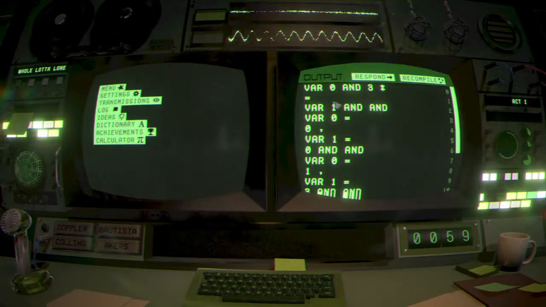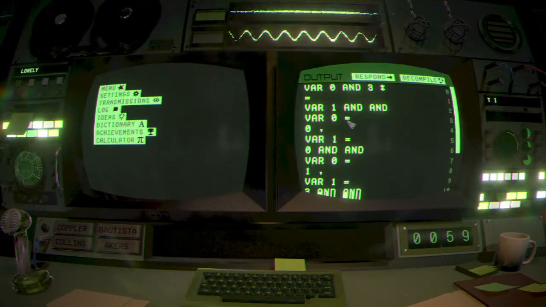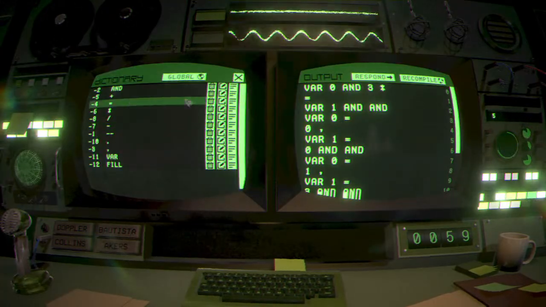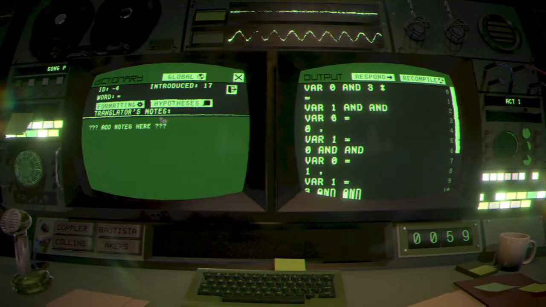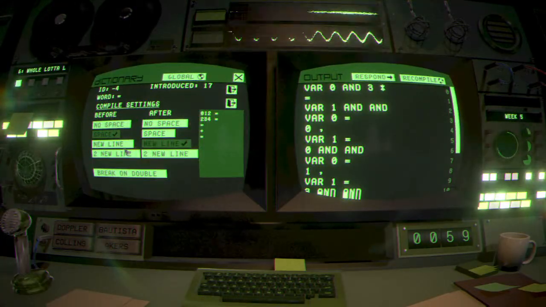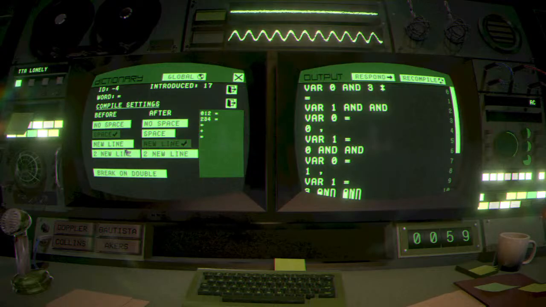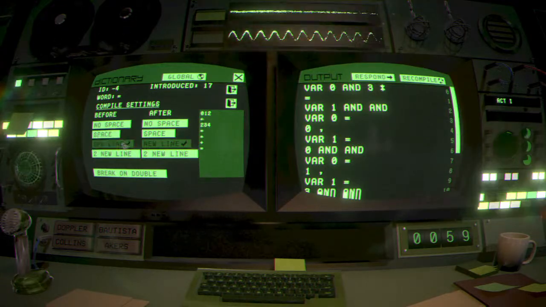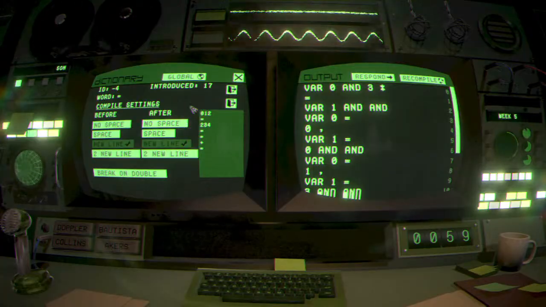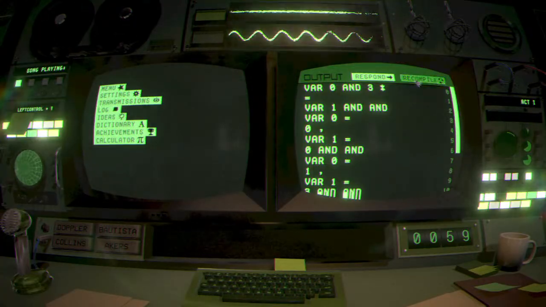Okay. Variable 0 is equal to... Can I do equals on the same line also? Or is that going to result in everything ending up on the same line? I think I'd like equals to always be on a new line, maybe.